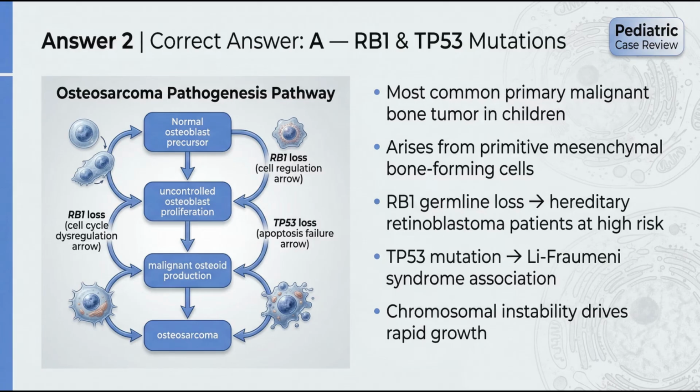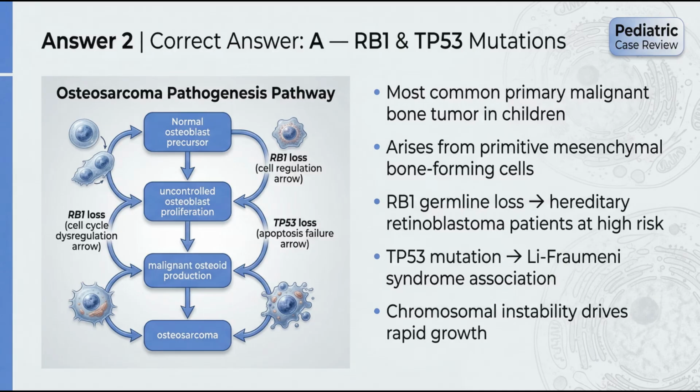Osteosarcoma is the most common primary malignant bone tumor in children and arises from primitive mesenchymal bone-forming cells. The two most important tumor suppressor pathways implicated are the retinoblastoma pathway and the P53 pathway. Loss of the RB1 gene disrupts cell cycle regulation, leading to uncontrolled osteoblast proliferation. This is why children with hereditary retinoblastoma, who carry a germline RB1 mutation, have a significantly elevated lifetime risk of osteosarcoma.